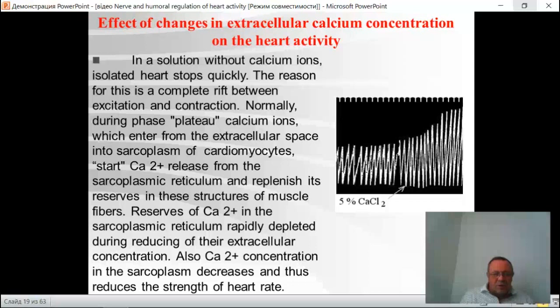Reserve of calcium ions in the sarcoplasmic reticulum is rapidly depleted during reduction of the extracellular concentration. Also, calcium ion concentration in the sarcoplasm decreases and thus reduces the strength of heart contraction.